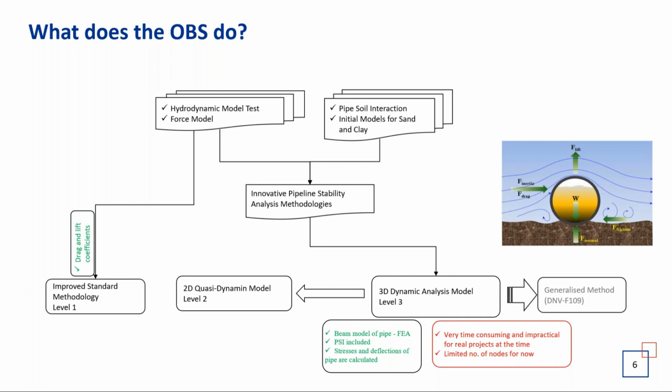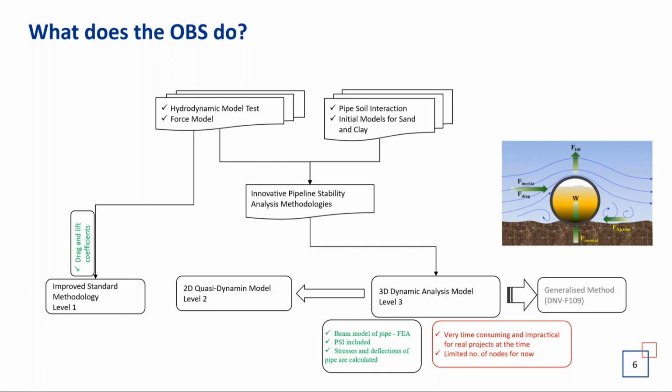Other parties involved in this research went in a different direction. They did thousands and thousands of 3D simulations, applied a series of regressions, and based on those regressions developed a method which is now called the generalized method.